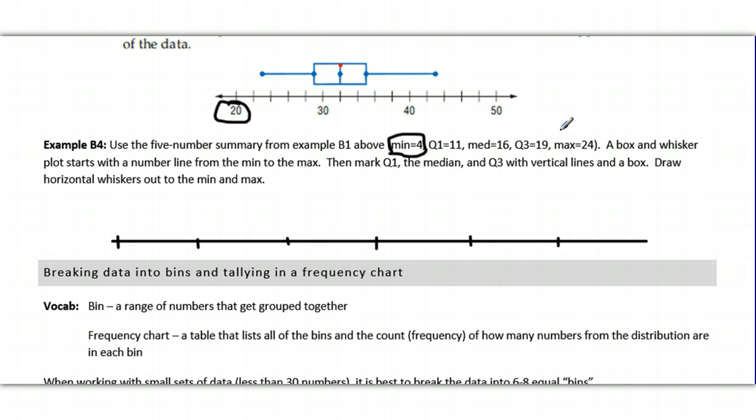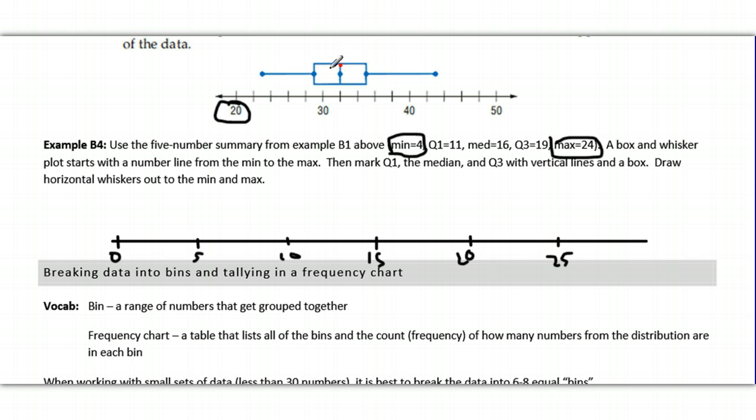And my max, my highest number, is pretty close to 25, so I just, out of convenience, decided to use 5 as the number I count by on my number line. So we got 0, 5, 10, 15, 20, and 25. And the reason I label it ahead of time again is that it makes it easier to keep my graph proportional and the lines as straight as they need to be.